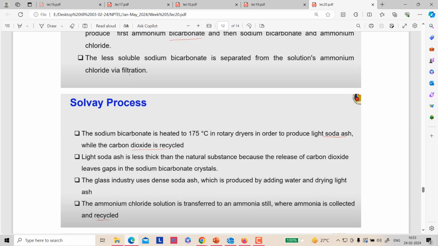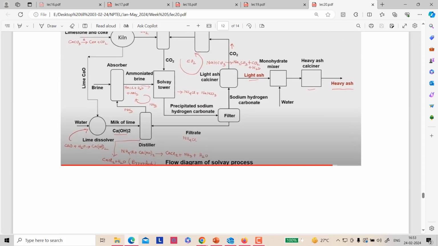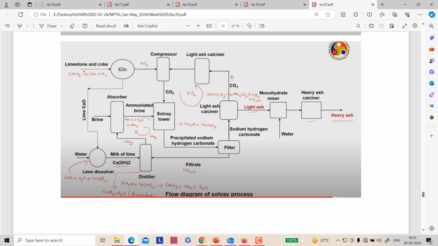Then here are also some. This is the flow diagram of the Solvay process. Here you can see limestone and coke. Limestone is entering into the kiln. Inside the kiln, a very high temperature is maintained, and that produces carbon dioxide.